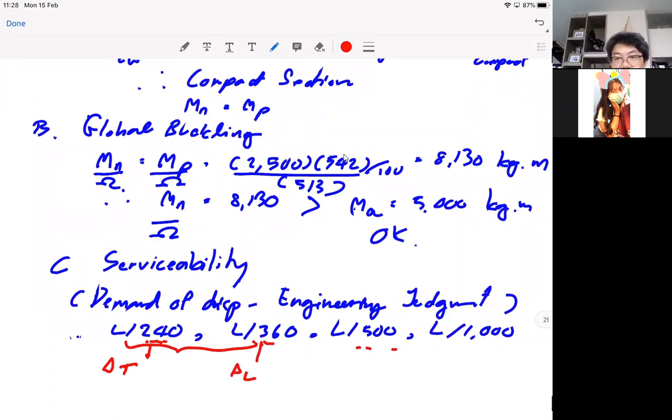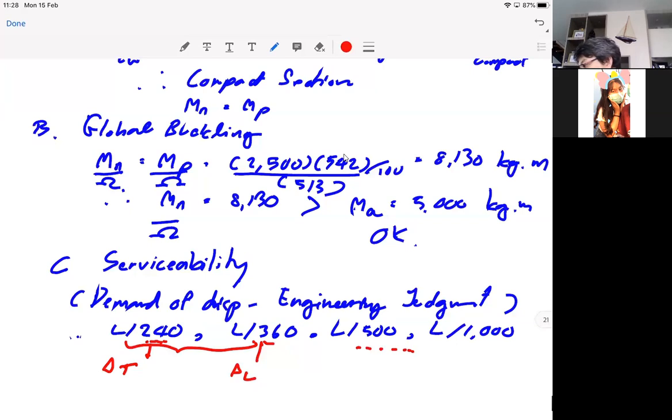If you work in a factory, these numbers may be obtained by looking at the spec of the machines or the equipment that you need to build the structure to support. Generally there will be some parties involved telling you, hey, this is the information for the machine. You need to design a structure that doesn't have deformation more than L over 500 or L over 1000. Otherwise, my machine cannot work. So you take that in mind and check this as well.